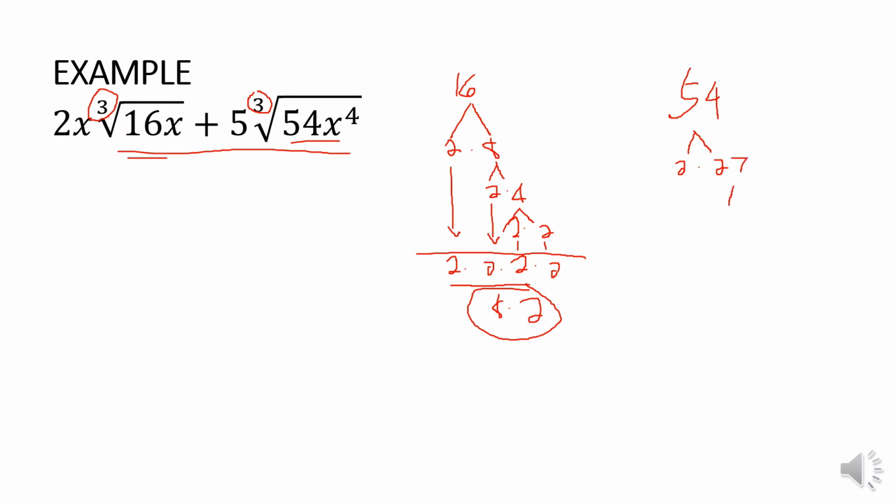Then 27 is divisible by 3, so 27 divided by 3 is 9, so 3 times 9. The 9 is still factorable, that is 3 times 3.